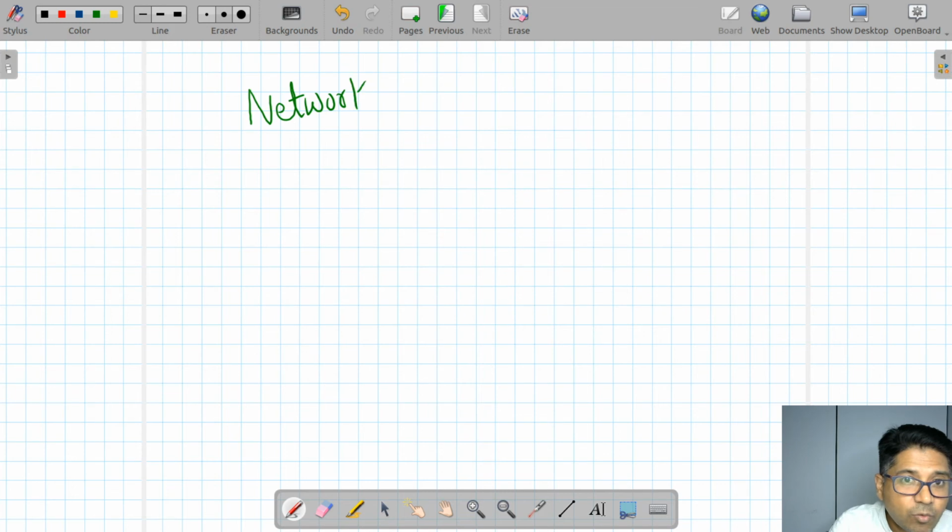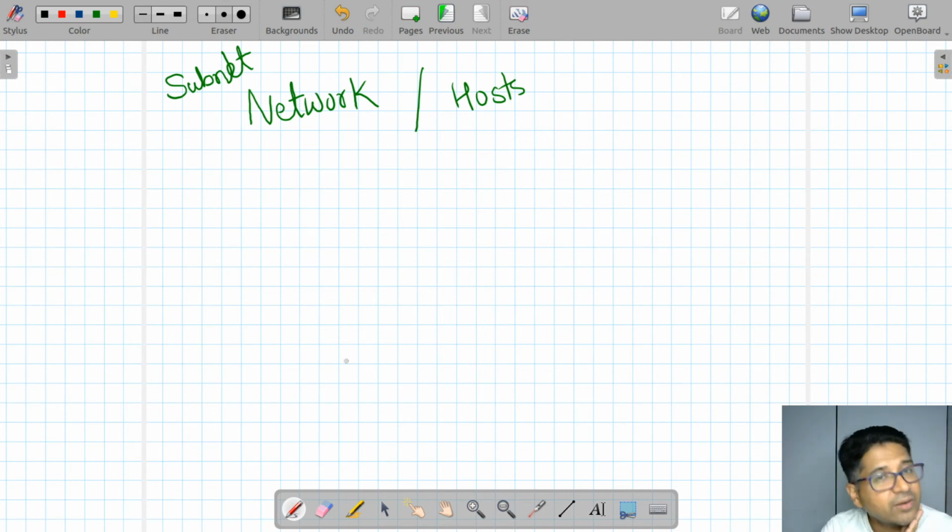The subnet says how many networks I can create with this, and how many hosts per network.